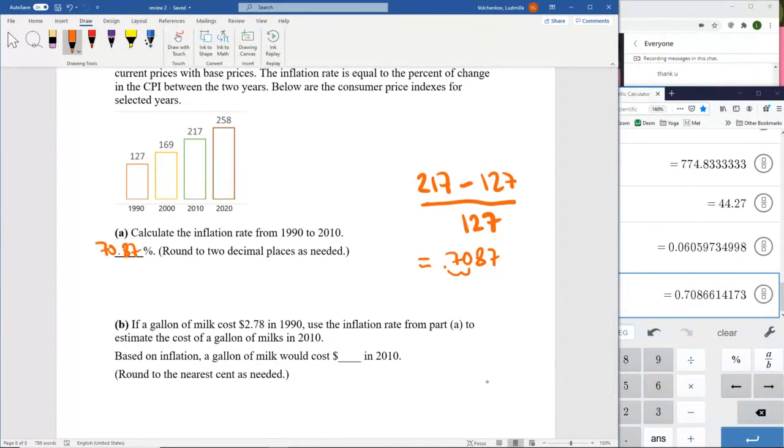So the price in 2010, we take the old price, 2.78, and multiply it by the fraction of two CPIs. So 2010 is 217, and 1990, 127.